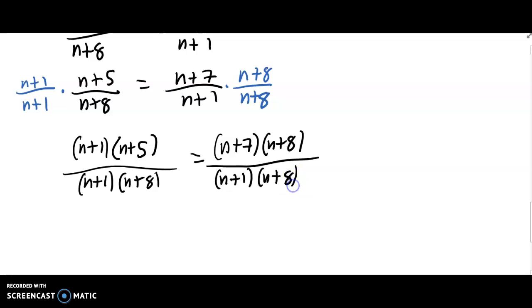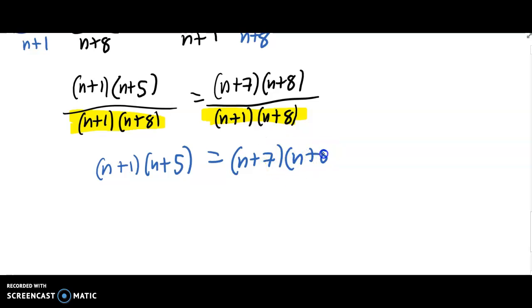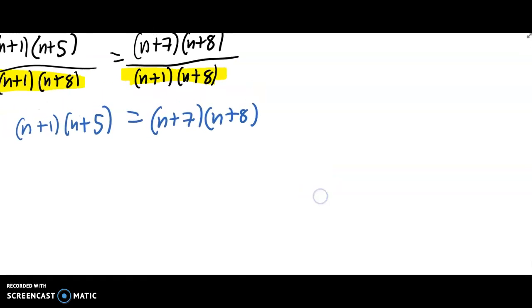Denominators are the same now, therefore numerators are the same. So we're going to set the numerators equal. Okay, we're going to multiply these in a box here. I'll do that off to the side.